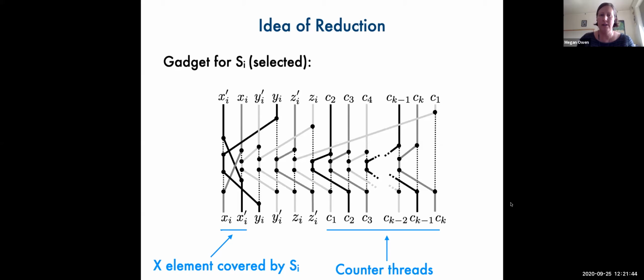So that's a reduction. Because of that, we've reduced from 3DM to showing that a network is based on a specific tree. And so we've shown the problem is NP hard.